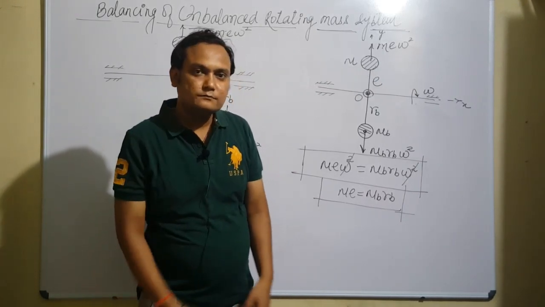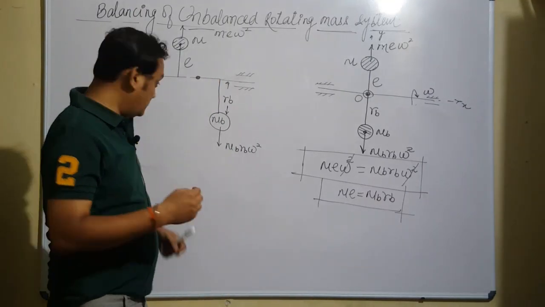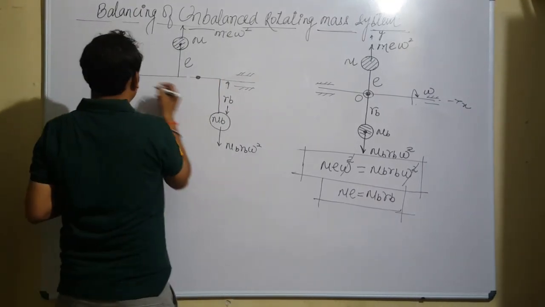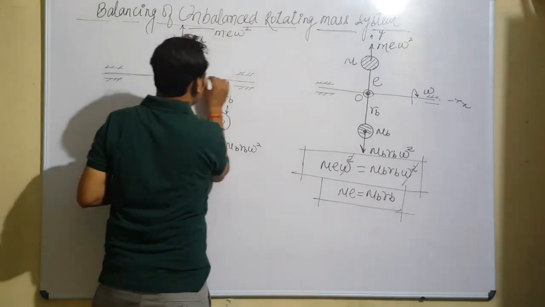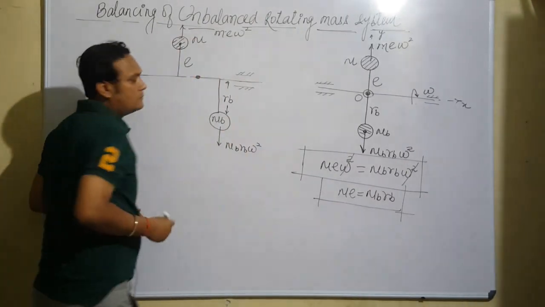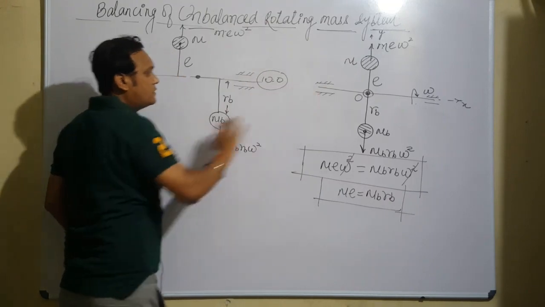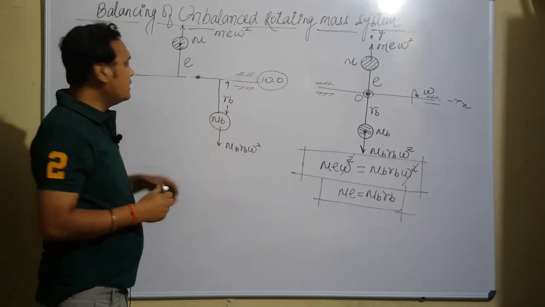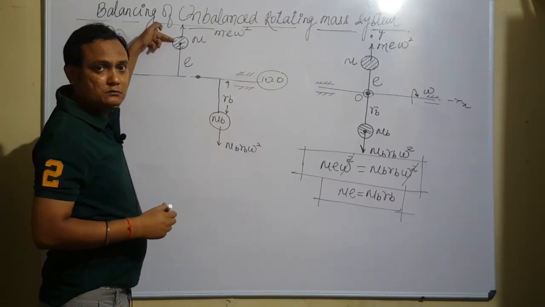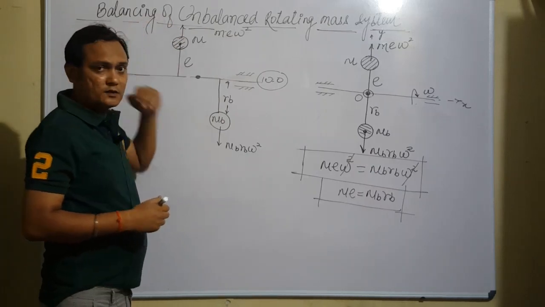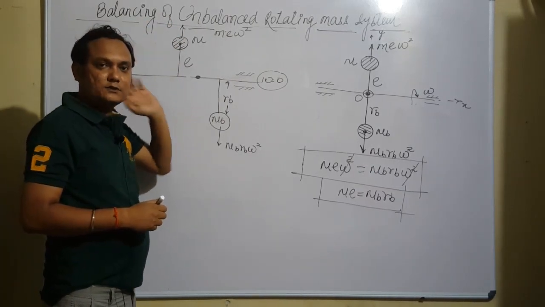Take care. Just imagine the system is not at all rotating, omega equals 0. It is not rotating right now. The unbalanced mass is at a position E, eccentricity E, from the axis of rotation.